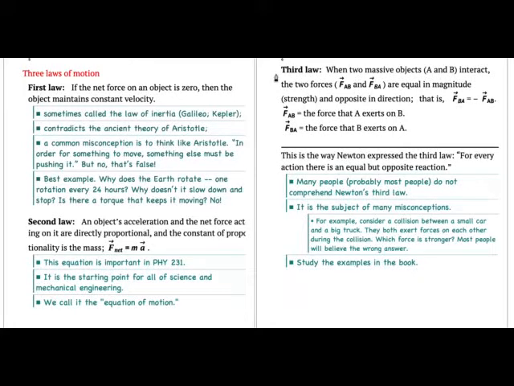Now Newton's third law. Newton's third law is not so much about motion as it is about forces. It's a property of force. You can't have a force with only one object. You have to have two objects to have a force. Suppose you have nothing but one object. It can't exert a force on itself.